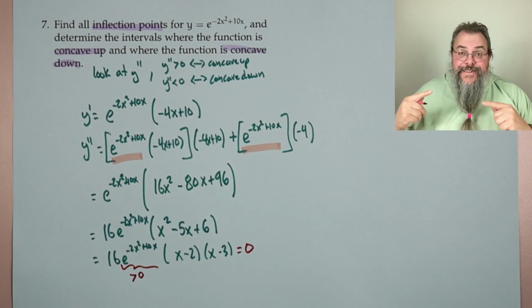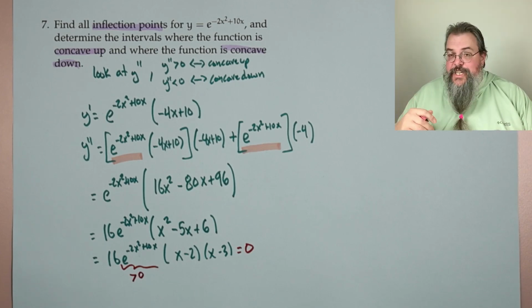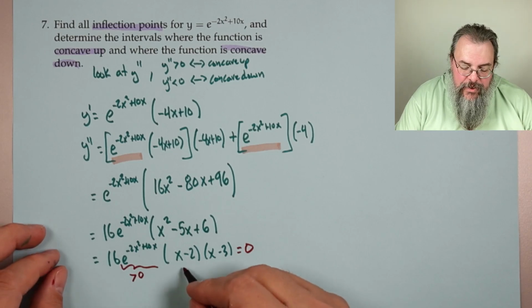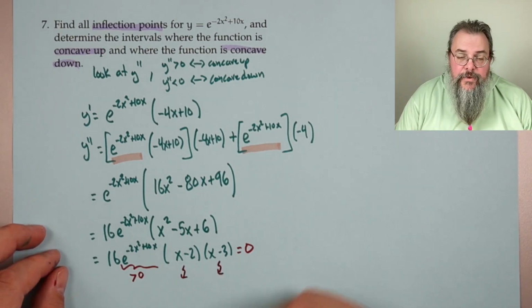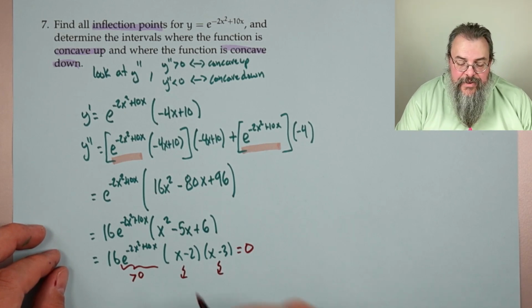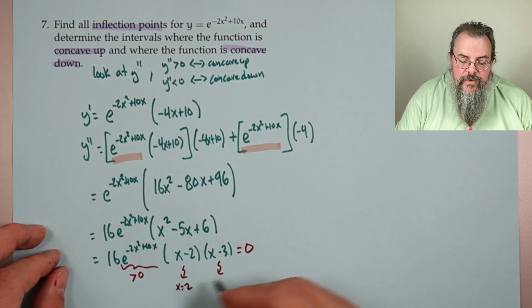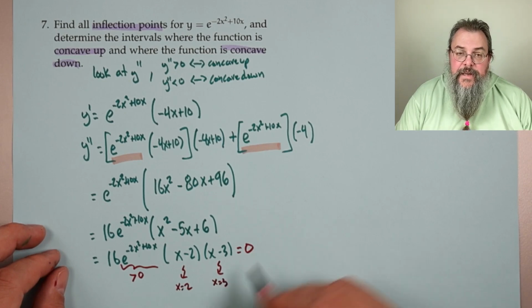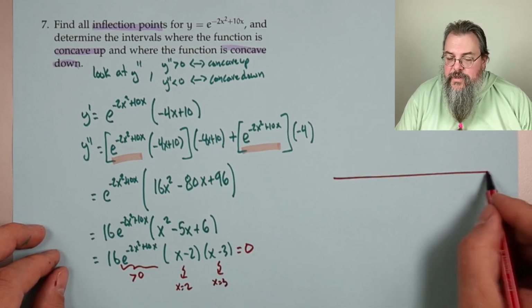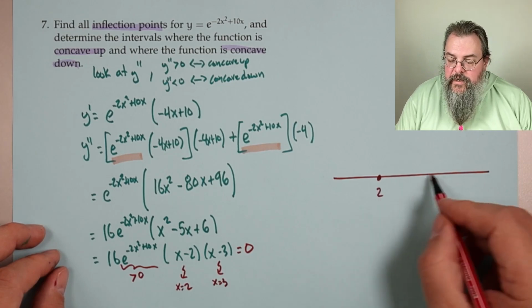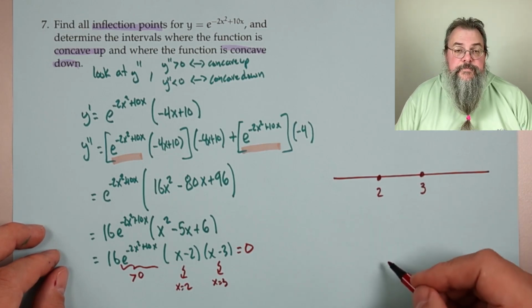So that's not causing a 0. The 16 is always 16. So we say, okay, that leaves us 2 places. X minus 2 can be 0 at x equals 2, and x minus 3 can be 0 at x equals 3. Okay, so at this stage, time to draw ourselves a number line, and we'll mark 2 and 3.